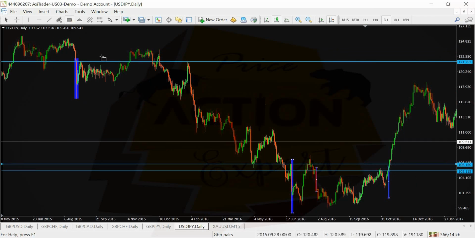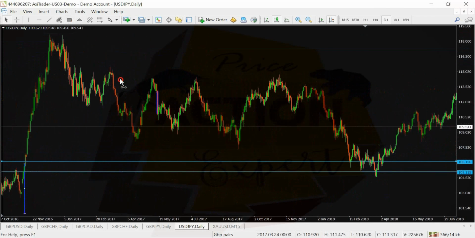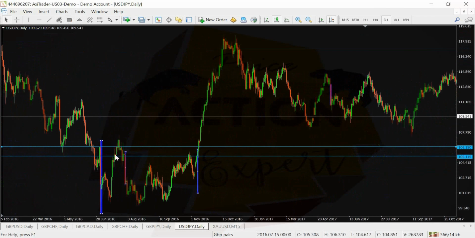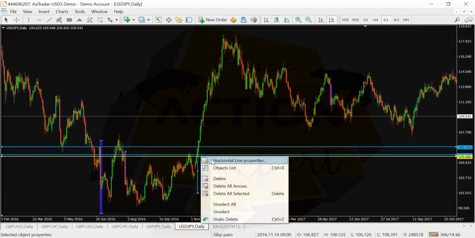See here the price reaction, how it reacts. See, this is very important. This is the opening price of Brexit, and this is the opening price of that day, and this is the opening price of the US election day.